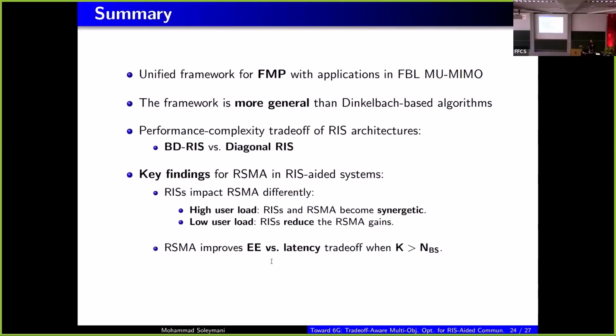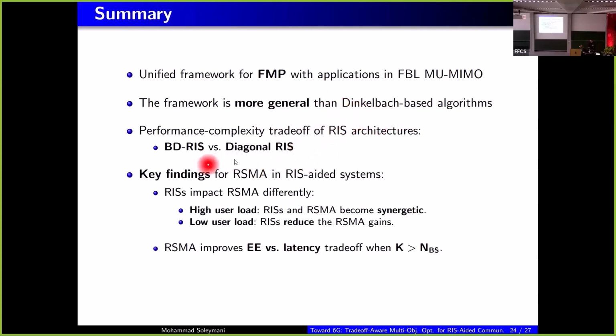As a summary, I have presented one framework for fractional matrix programming. This can be applied to a wide range of optimization problems with multi-objective functions. What we have proposed is more general than the existing benchmarks and more specifically Dinkelbach-based algorithms.